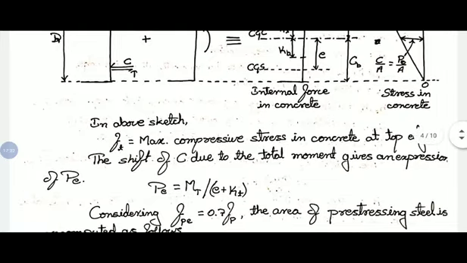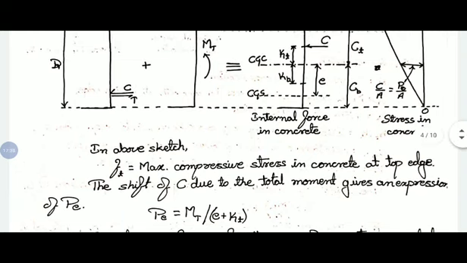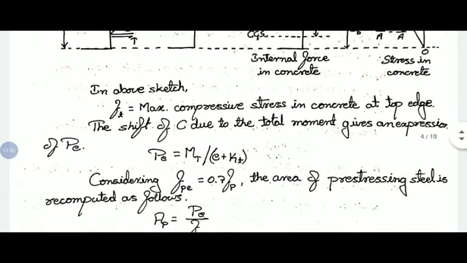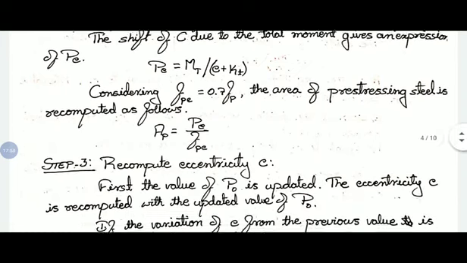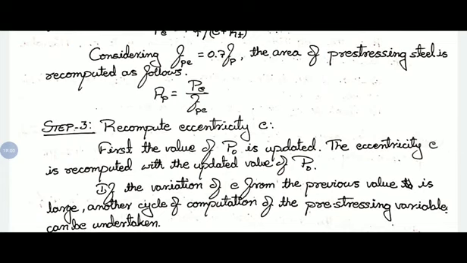So by using that condition, if we calculate effective pre-stress, it is Mt by e plus kt. Kt is the distance between CGC and the upper kern point. Here we are considering effective pre-stress as 70% of characteristic tensile strength. So Ap is equal to Pe by fpe.